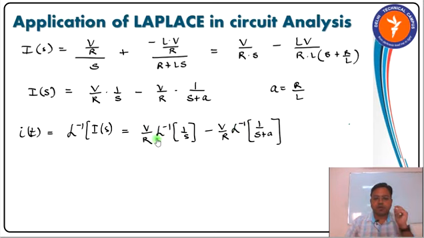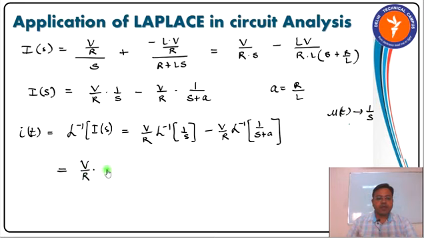So this L is for Laplace. Now we already know the Laplace inverse of 1 by s. We know that u(t) has a Laplace of 1 by s, so the Laplace inverse of 1 by s will be u(t).